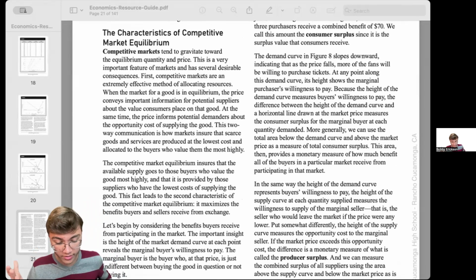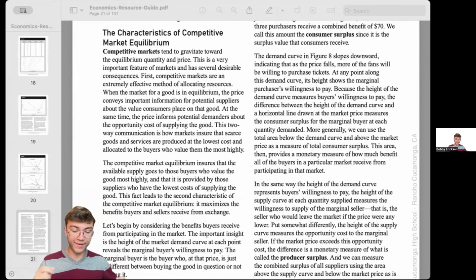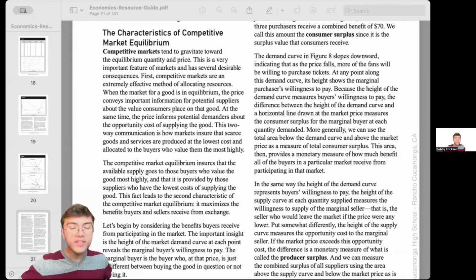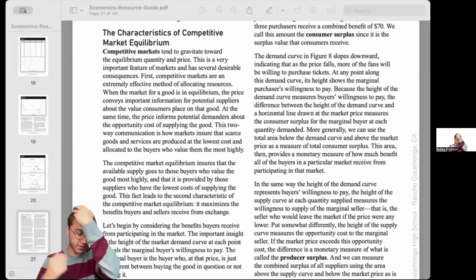So, we already talked about how competitive markets gravitate toward equilibrium quantity and price. So, what are the consequences of the fact that everything gravitates towards that center point, that intersection of supply and demand? Well, first, it says here that this is a very effective way of giving resources to people.